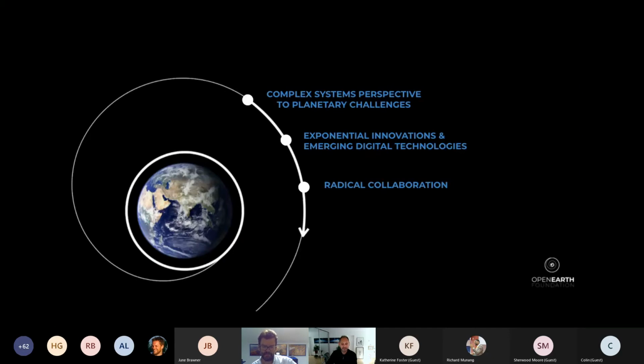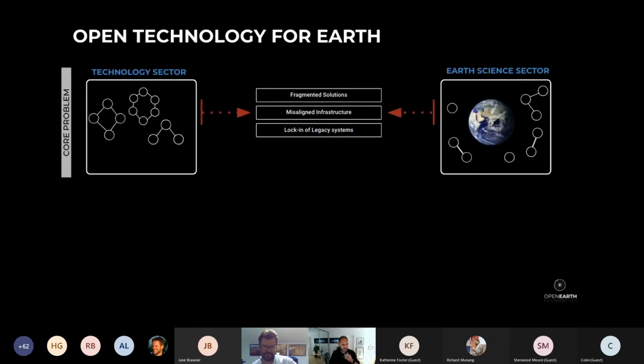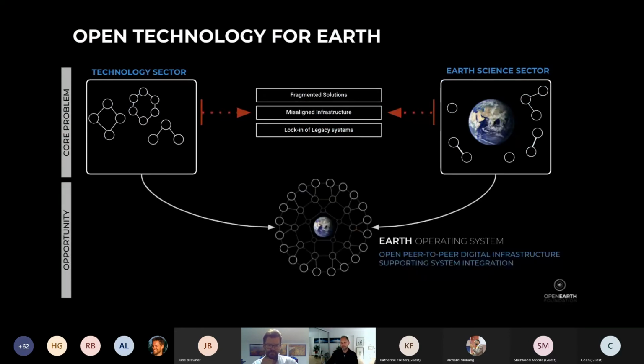Slide 27 talks about the fragmentation between the technology and the earth science sector, and how these come together ideally so that we can conceive a digital operating system that can help us manage Earth, which again, with digital problems, there's always room for figuring out how these things come together.